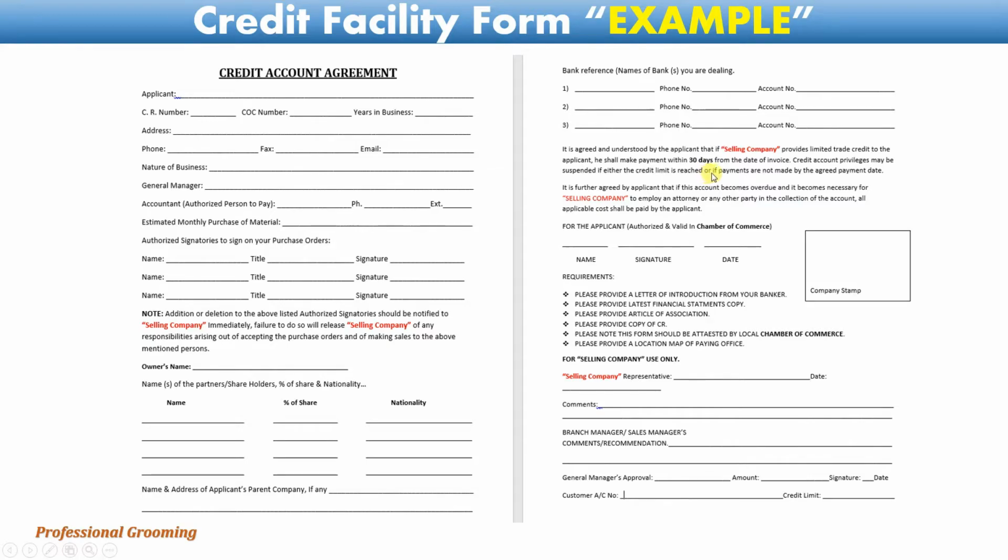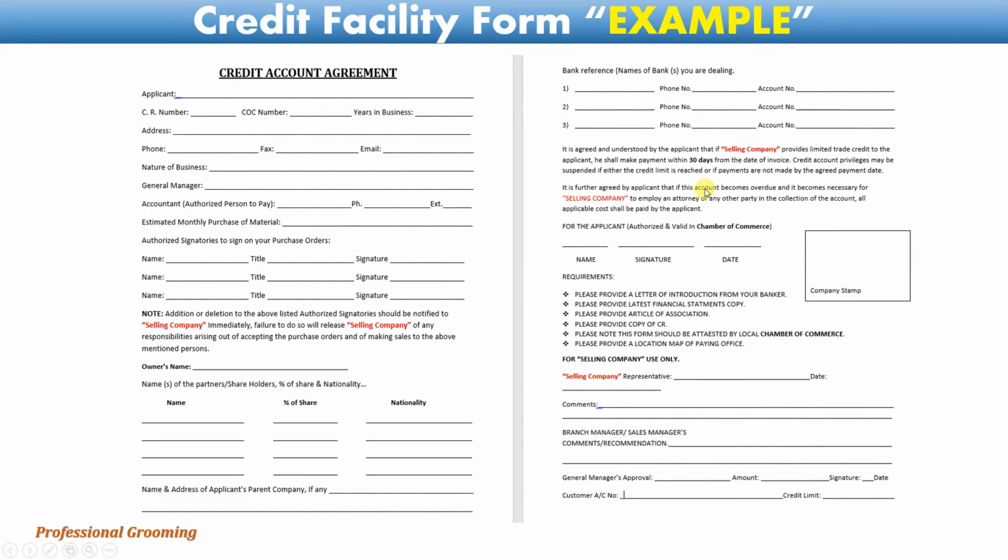They have to clear our old balance within the 30 days after submission of invoice, then we will deliver them a new order. It is further agreed by the applicant that if this account becomes overdue and it becomes necessary for the selling company to employ an attorney or any other party in the collection of the account, all applicable costs shall be paid by the applicant.